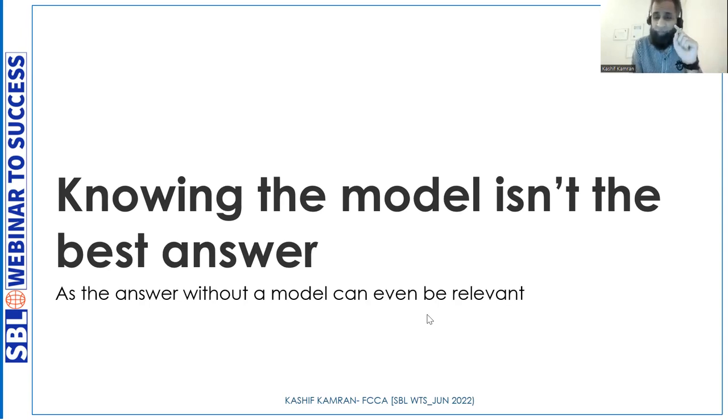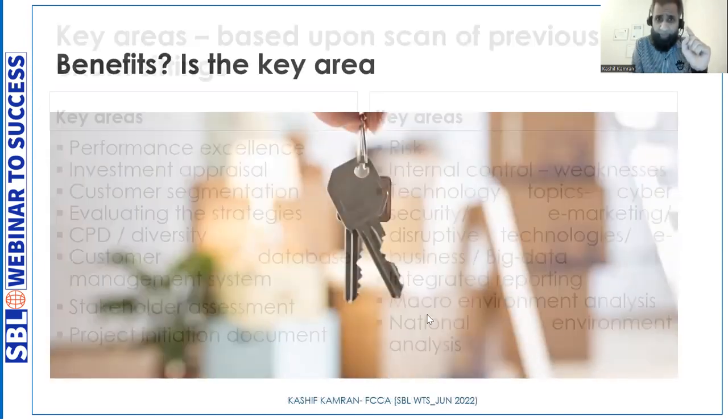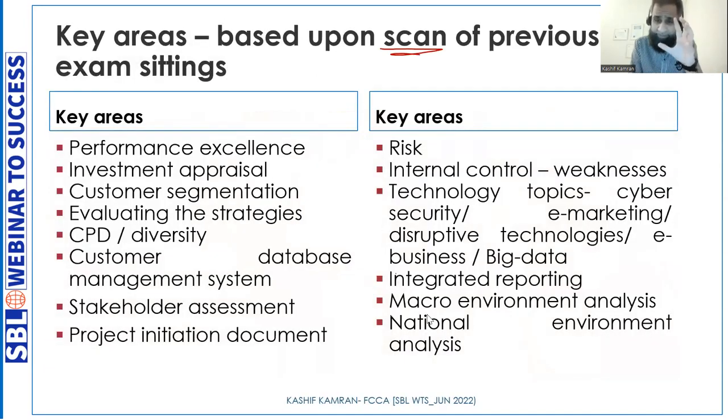Now, something which is extremely important. While I was looking at some important areas which have come in the past papers, I normally get this feedback from students in every exam sitting. And when I evaluate the paper myself, when it's available on the ACCA website, I do agree with that student comment: a lot of the time the SBL paper is very generic, or you don't see the topics which you have prepared.